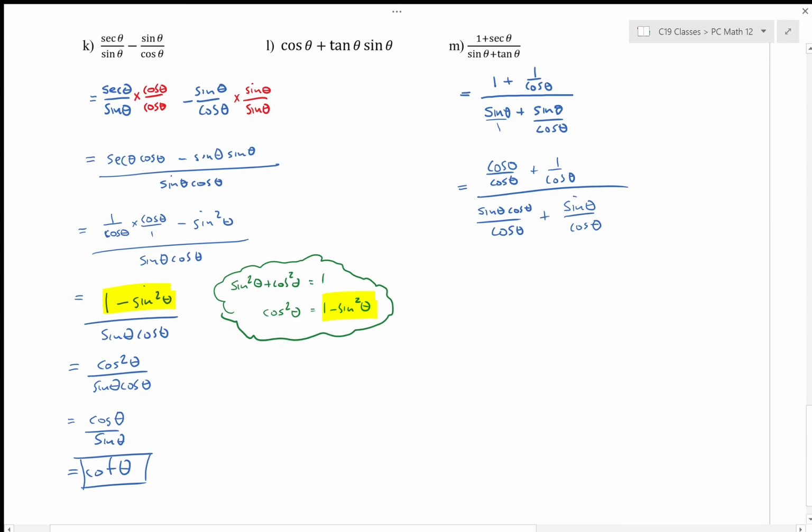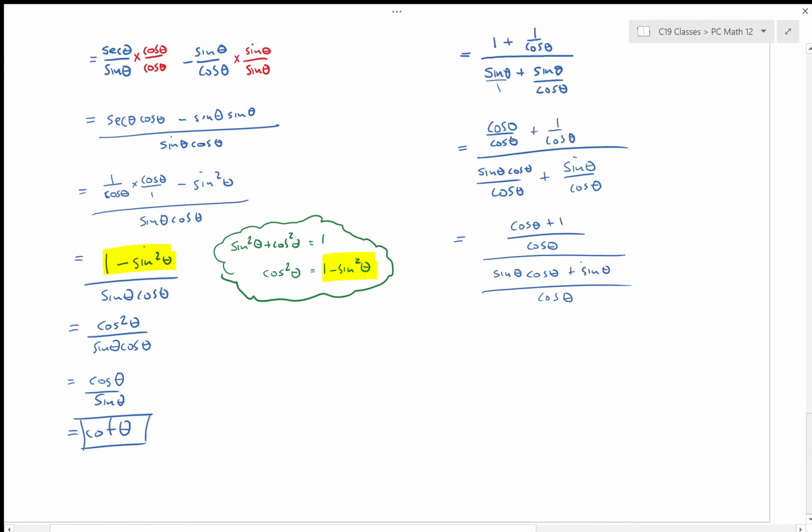Okay, so here's where we're in pretty good shape. So we're going to now put both of these fractions together. The numerator fraction is going to be cosine theta plus 1 over cosine theta. And the denominator is going to be sine theta cosine theta plus sine theta all over cosine theta. Good stuff.